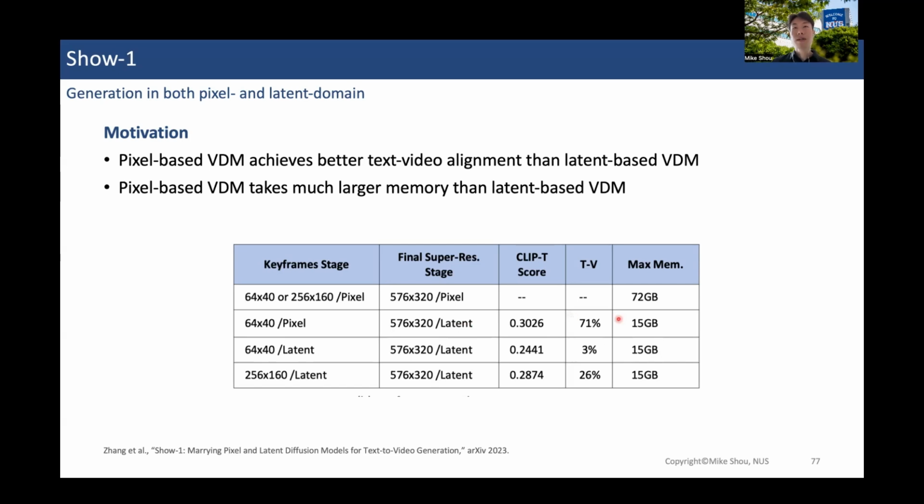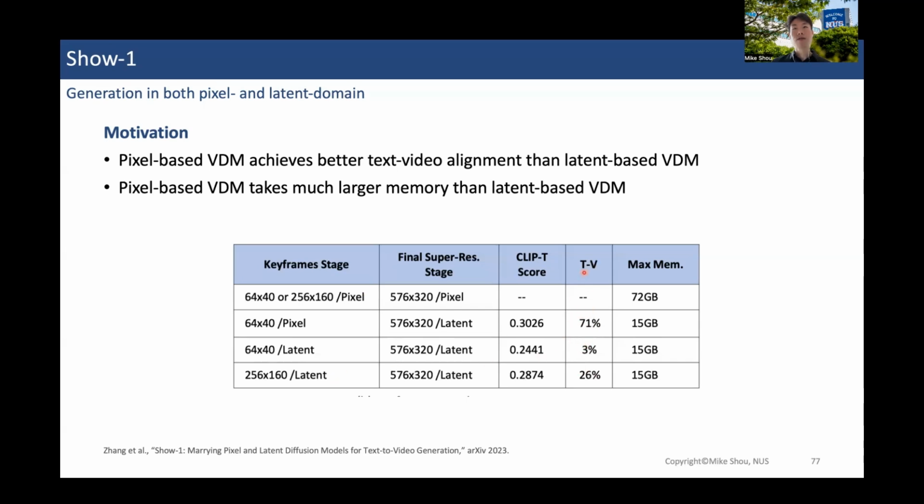And we found that the memory consumption is comparable with all-latent models, 15 gigabytes or so. But in terms of text to video alignment, it's much better than the latent model.